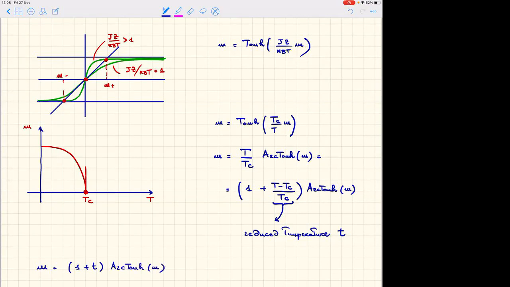As the temperature gets to the critical temperature, little t gets smaller and smaller, and the magnetization is expected to become smaller and smaller, to tend to 0. Therefore, what I can do is take the arctanh and expand it for m close to 0. What I will get is 1 plus t times m plus m cubed divided by 3.